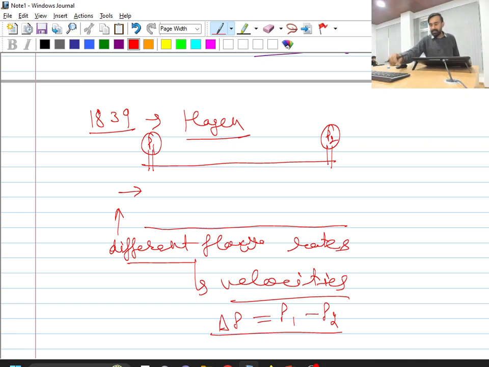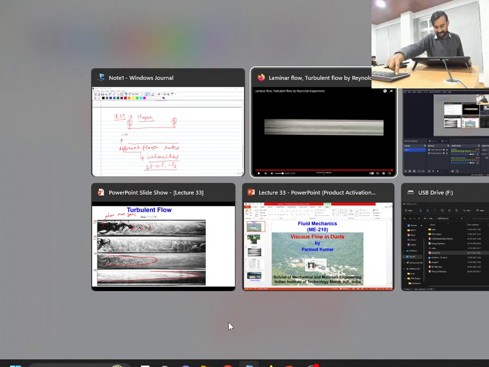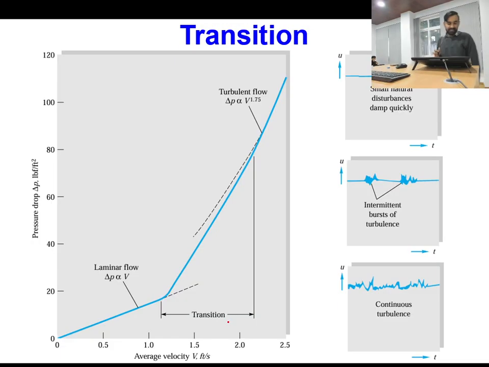In his experiment, it was observed that when he plotted the average velocity of the flow against pressure drop, the pressure drop was proportional to velocity up to some point, and after this point the curve is not a straight line, but takes some other shape.